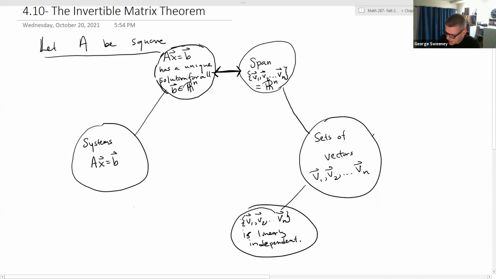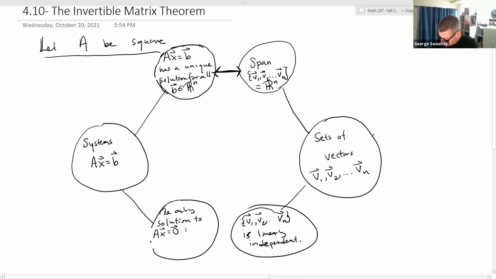And if we look at our systems, that's going to correspond to this statement here: the only solution to AX equals 0 is the trivial solution. So they're connected. If we want to prove linear independence, we show that the only solution to AX equals 0 is the trivial solution. So those two are connected.